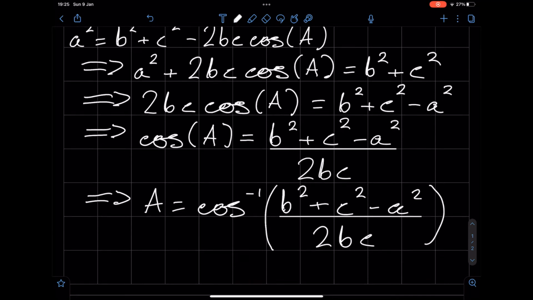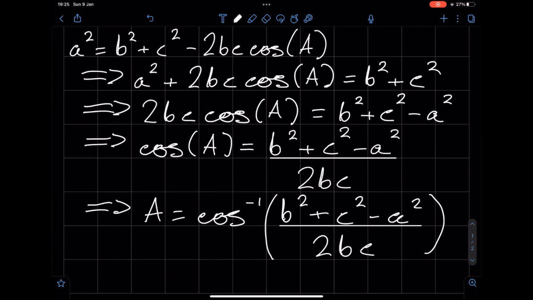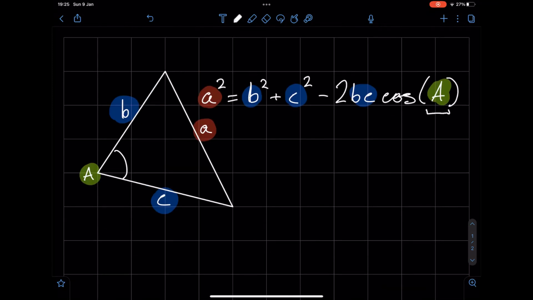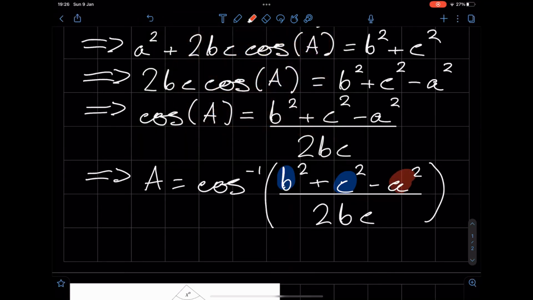And obviously this carries over to when you've rearranged the formula. So b and c are the sides in our formula, just here. B and C are the sides that are either side of this angle A. a squared is the side that is opposite this angle A.